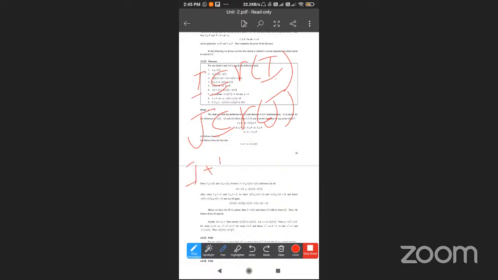I plus J is a subset or equal to the radical of I plus the radical of J. For this, take the radical on both sides.